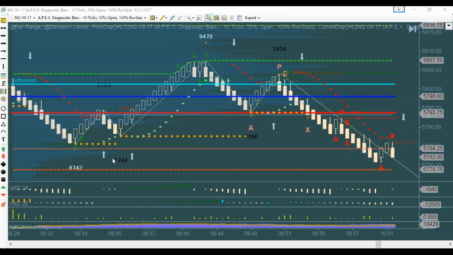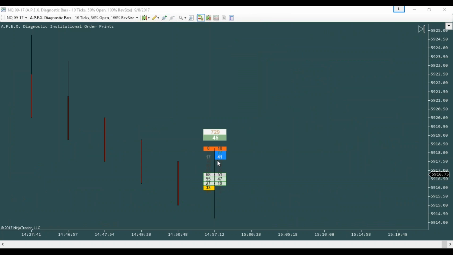I click it a few more times, and I can see some of the major roadways and streets in the city, right? I equated that to the C's chart, where you're seeing those major volume nodes, those major levels, those streets of traffic to be aware of, those high volume traffic areas. That's your overall map. Then I zoomed right into the CME, and that was order prints, looking inside the chart, the bar.